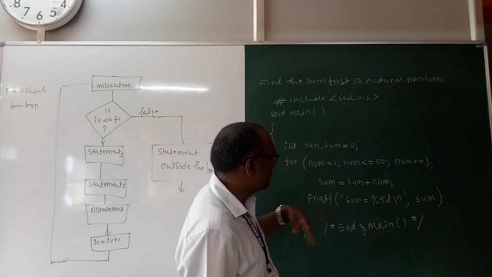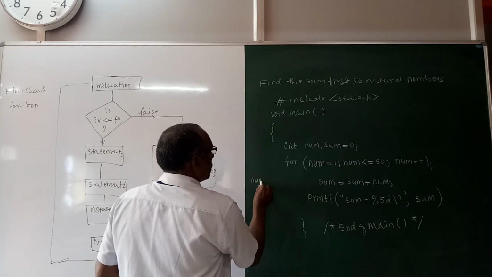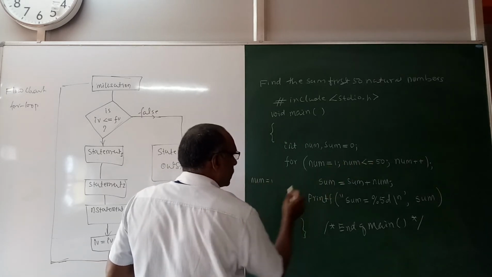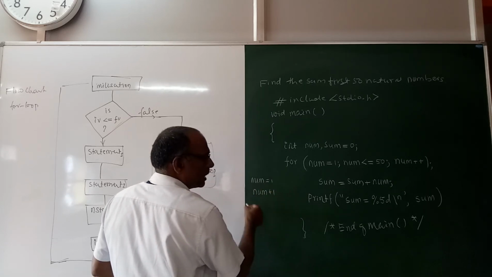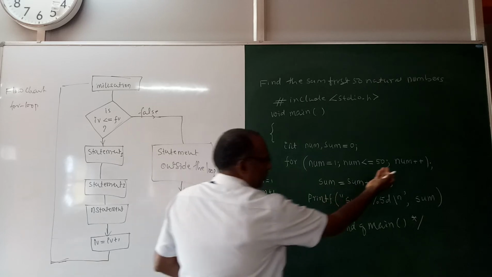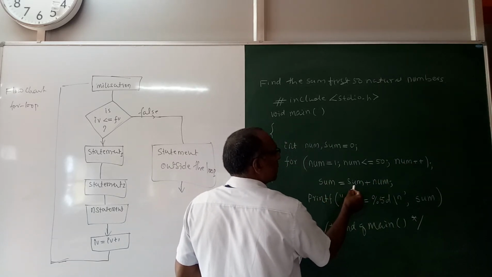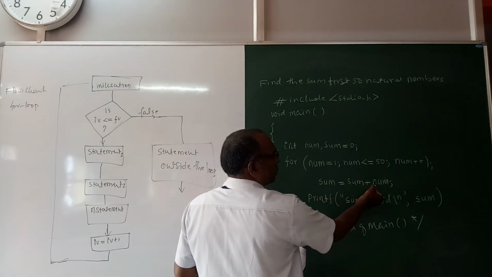So the number is incremented. If num is 1 here, next time when it goes to this part, num plus 1, it is incremented by 1. And sum is replaced with sum plus number every time: previous sum plus this new number.